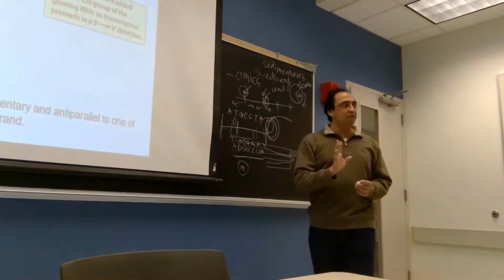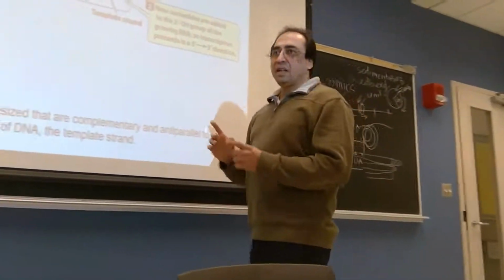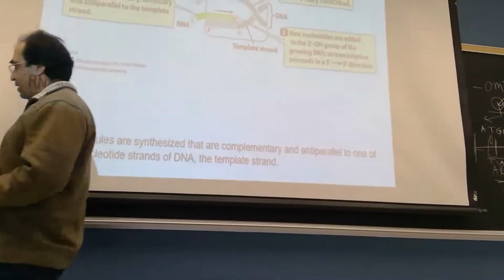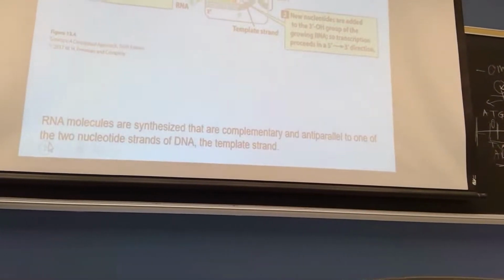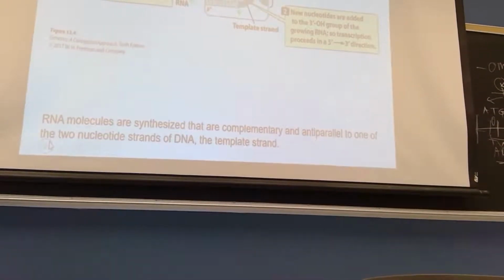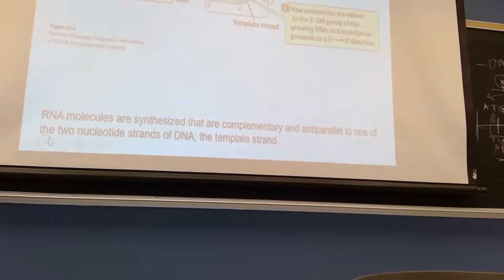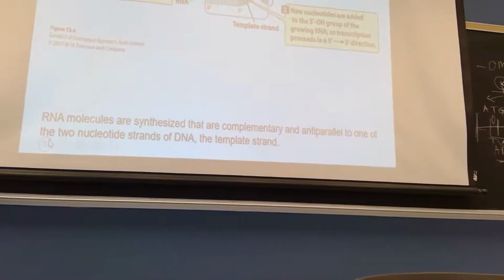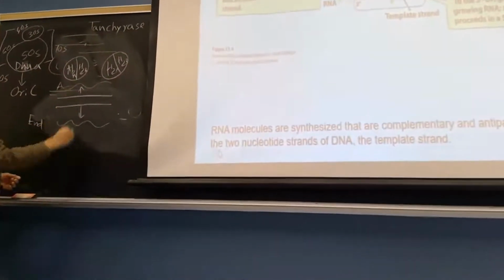Is the question clear? The question is that DNA contains double strands, two strands are there. So my question is whether mRNA is produced from only one strand or from both strands.